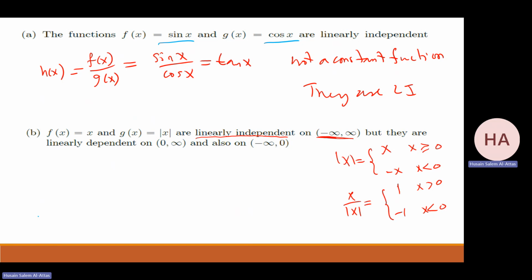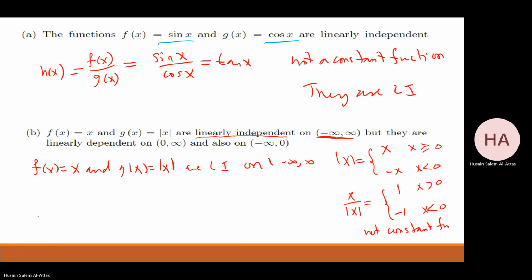So this is not a constant. So f of x equal x and g of x equal absolute value of x are linearly independent on this interval.